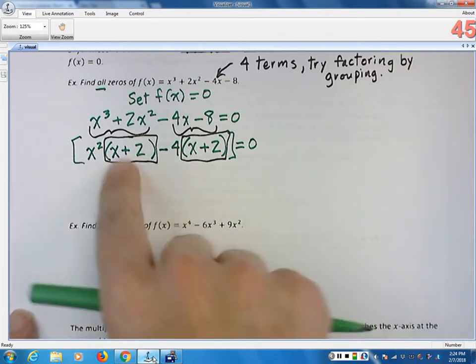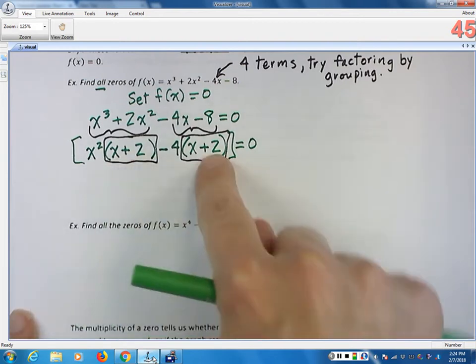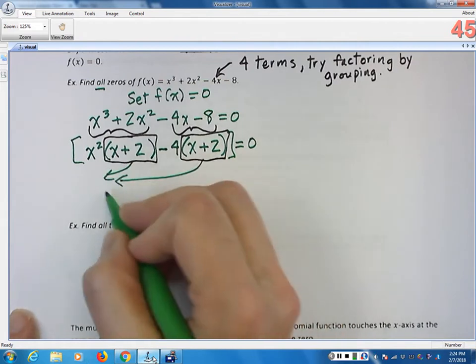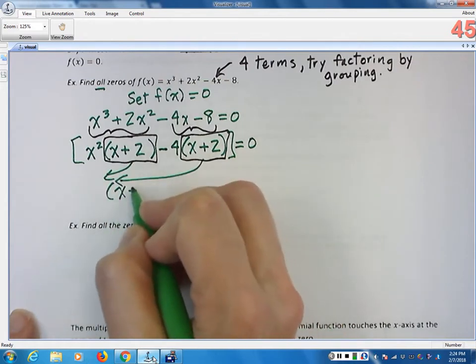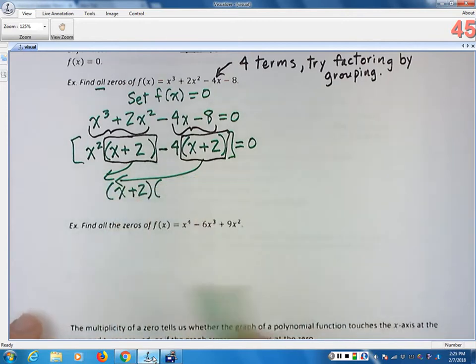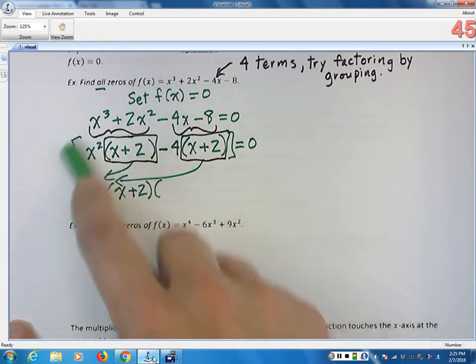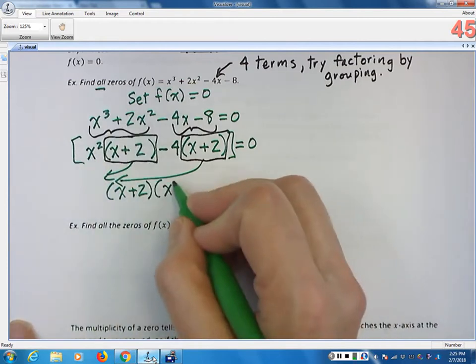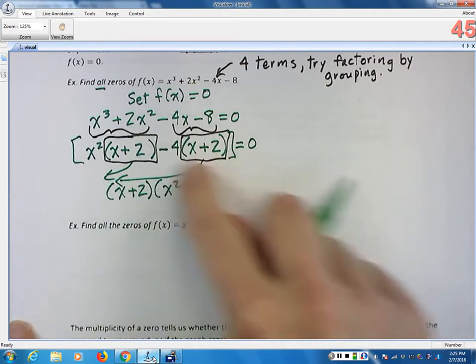Look, we got a common factor here and here. We're going to factor those out. You put it out front, and another way to think of factoring is you're dividing this term by x plus 2. What are you left with? x squared. You're dividing this term by x plus 2.